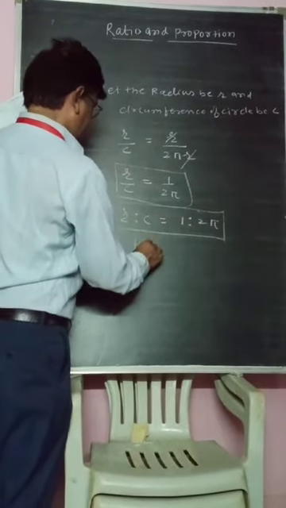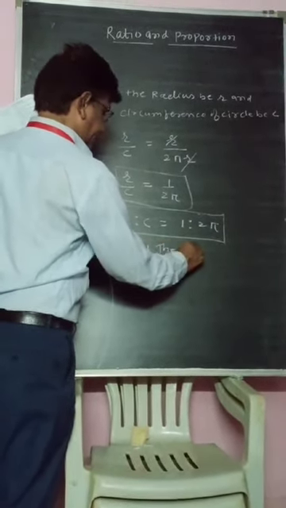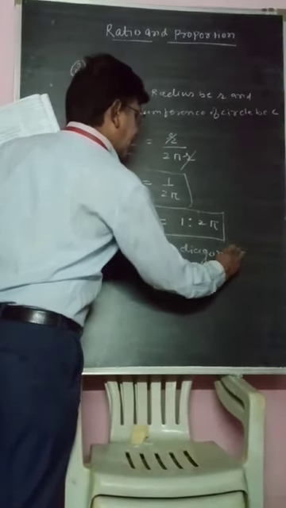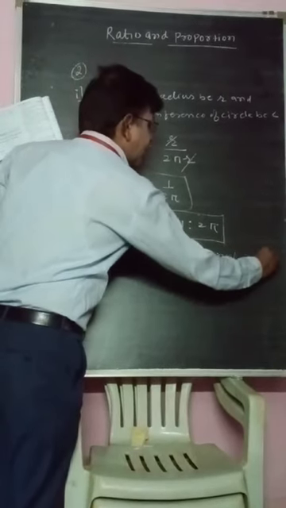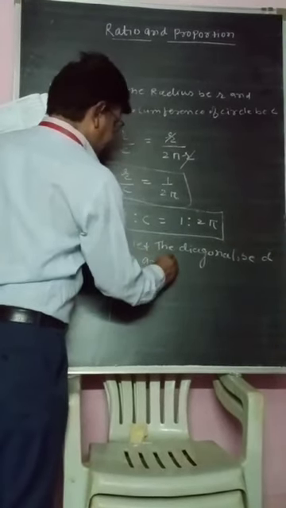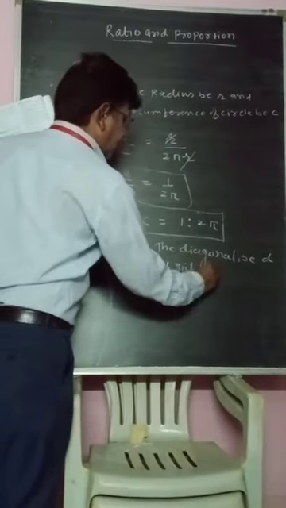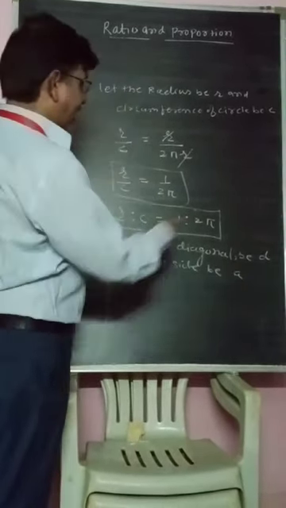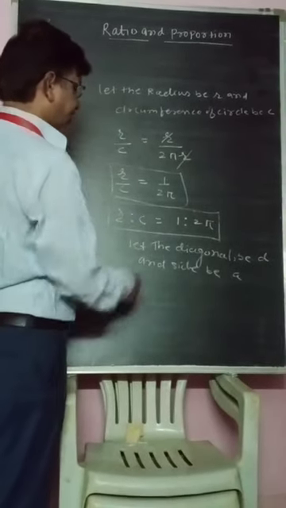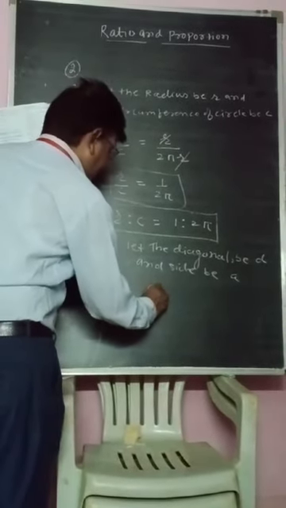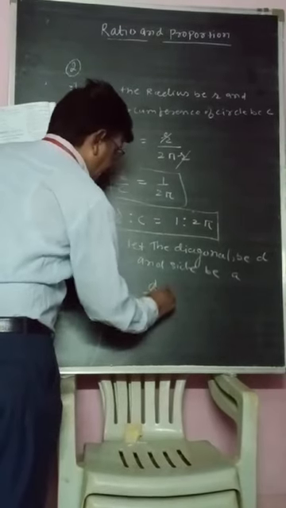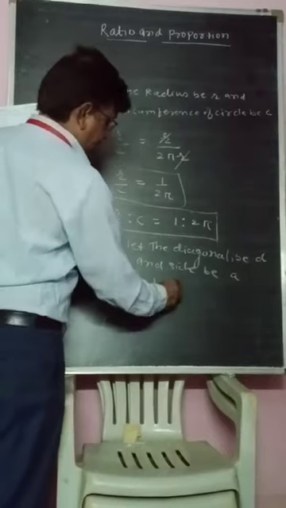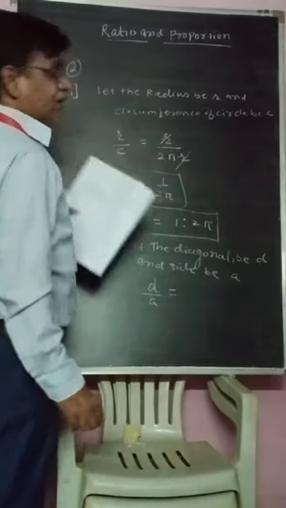Let the diagonal be D and the side be A. So the ratio of diagonal to the side means D by A. Okay, A is the side.